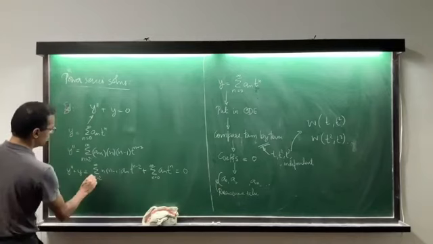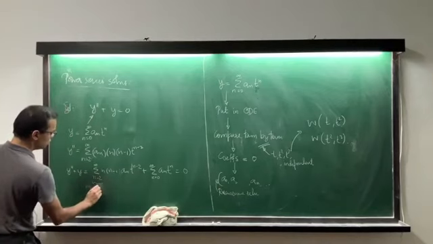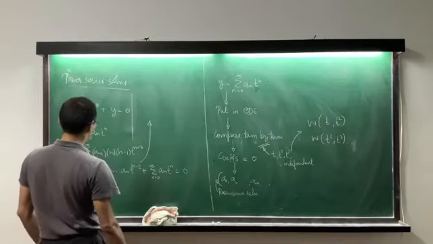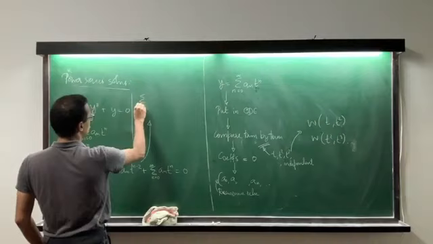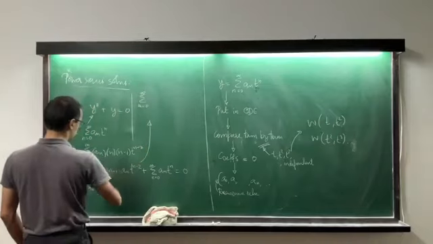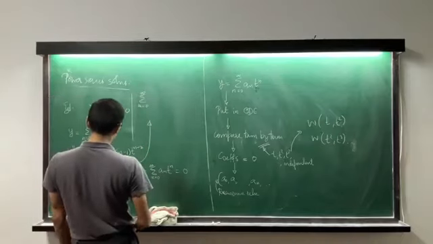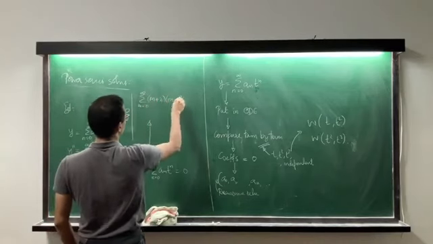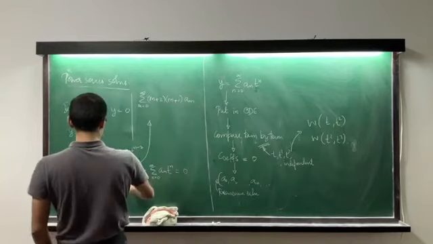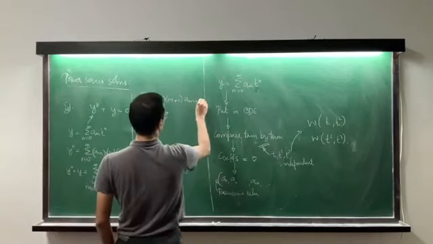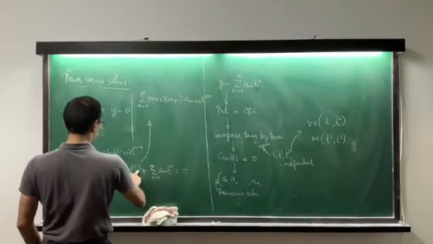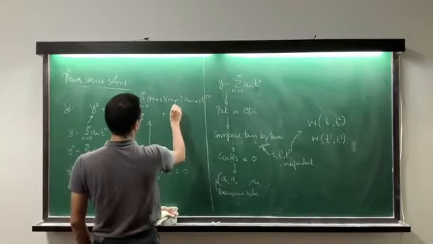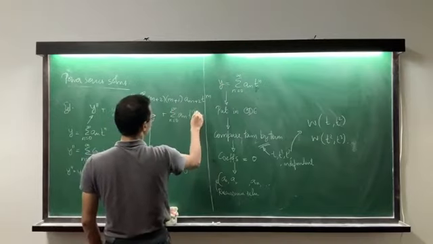I'll replace n minus 2 by m, in which case I will get sigma m equals 0 to infinity, n will become m plus 2, so it will be m plus 2 into m plus 1 times a_(m+2) t^m, n minus 2 is m, plus sigma n equals 0 to infinity a_n t^n equals 0.